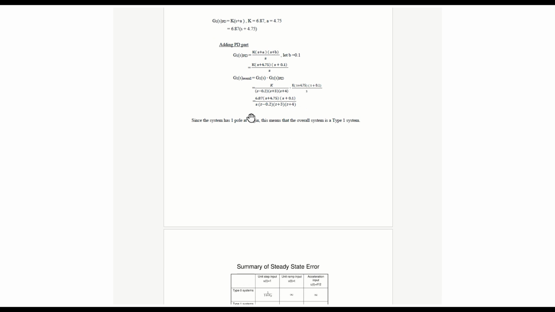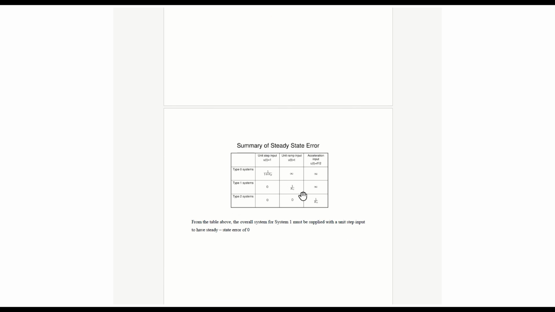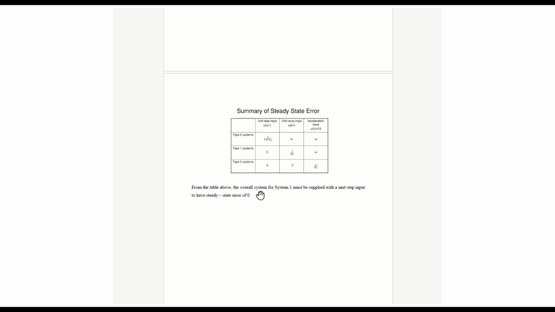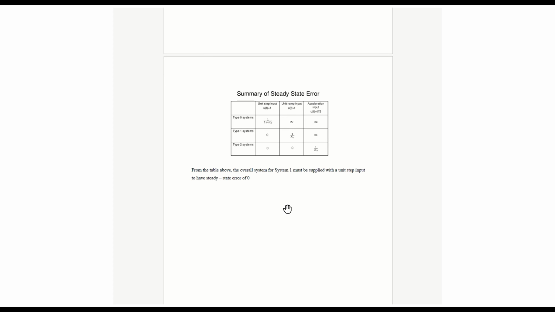This is the reason why we do the PI part, because we want to compare it with this table. From this table, we know that a system type 1, when supplied with a unit step input, will give us zero steady state error. So the design requirement is met.